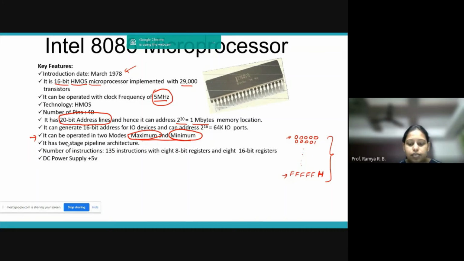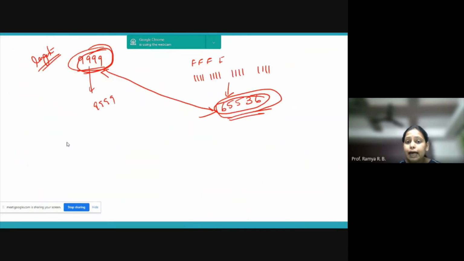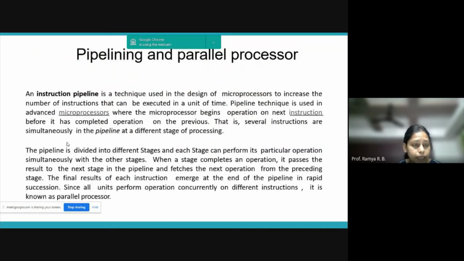So 8086 has a 2-stage pipelined architecture. What is meant by pipelining? Pipelining is one of the techniques to increase the performance of your computer. Whatever performance that you are enjoying now is, one of the reasons, because of the pipelined architecture of your processor. So what is pipelining?